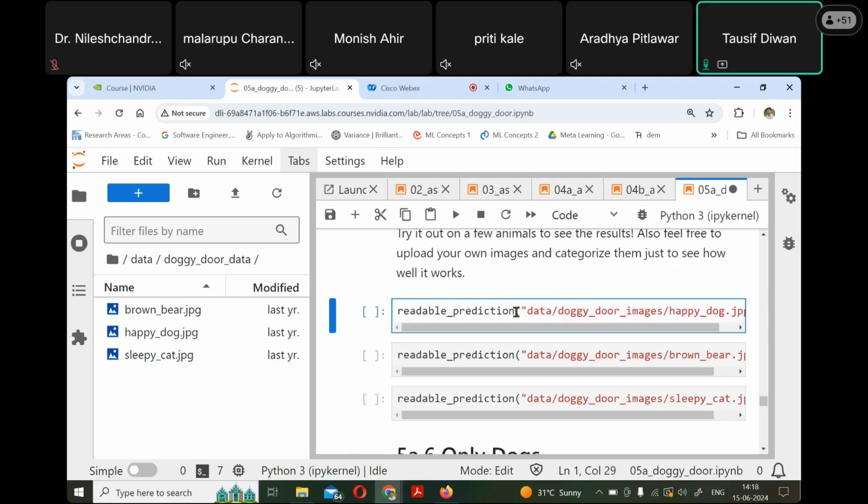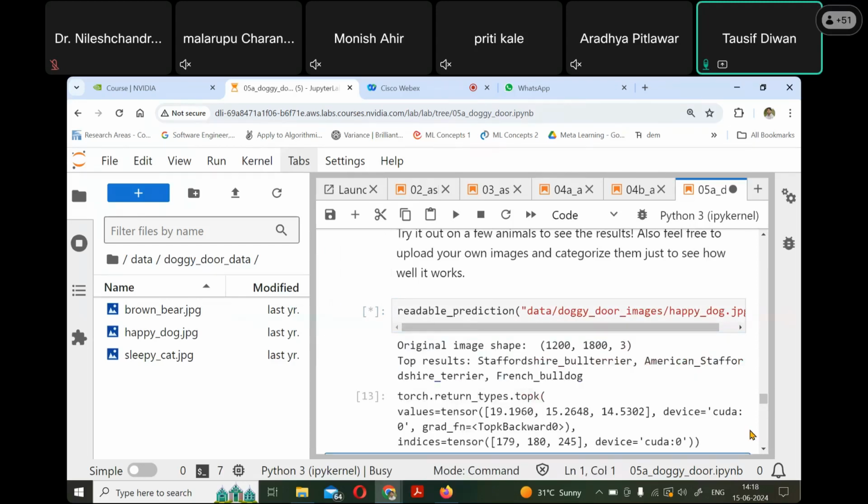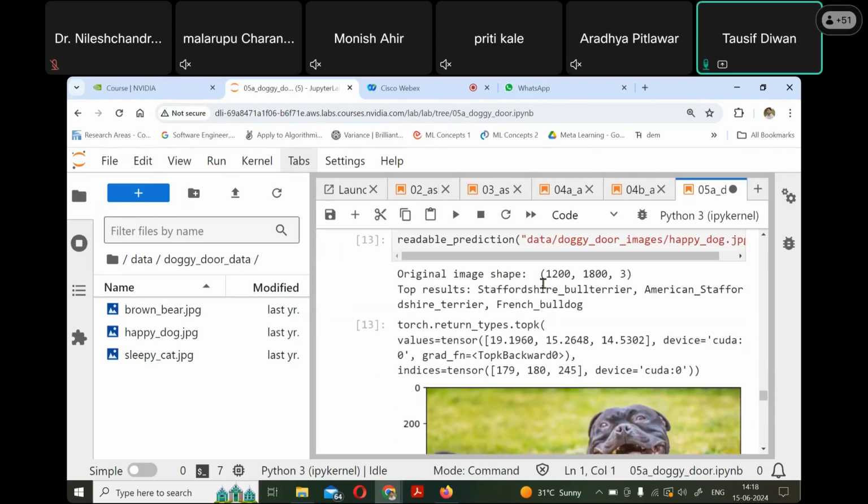Now see, when we are calling this function readable prediction, what is the outcome? So this is my actual shape. Then these are the top results. This is the first category, then second, and then third one.